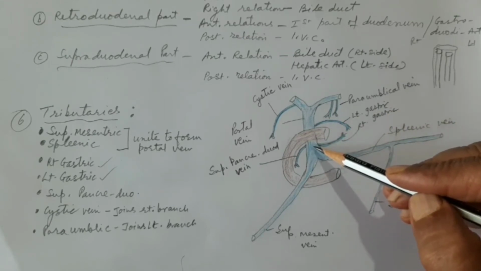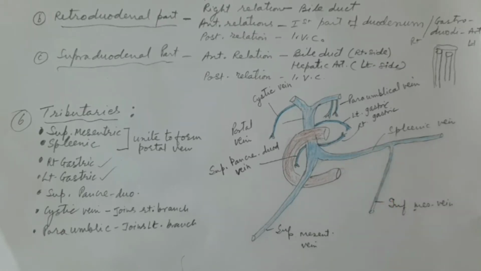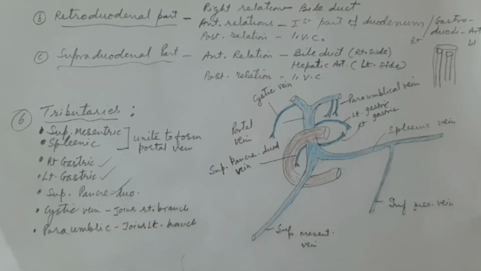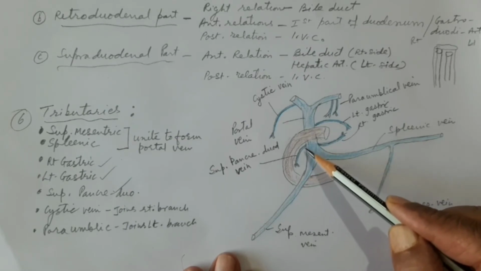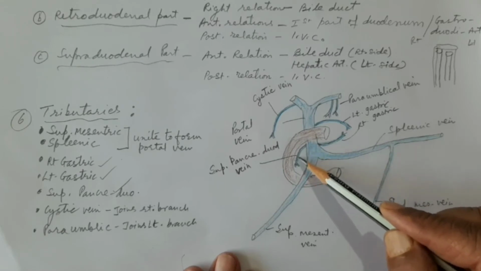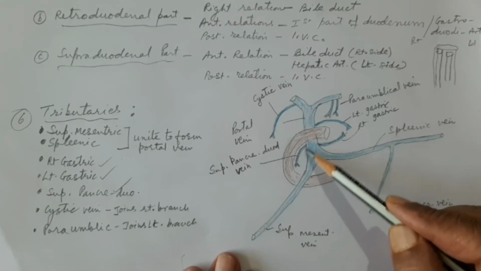That means not only the small intestine, but the portal vein is also collecting blood from the stomach and duodenum. Similar to the gastroduodenal artery, there is also a gastroduodenal vein, or pancreaticoduodenal vein. The third direct tributary is the superior pancreaticoduodenal vein. See here, this superior pancreaticoduodenal branch lies in the gap between the pancreas and the second part of the duodenum.